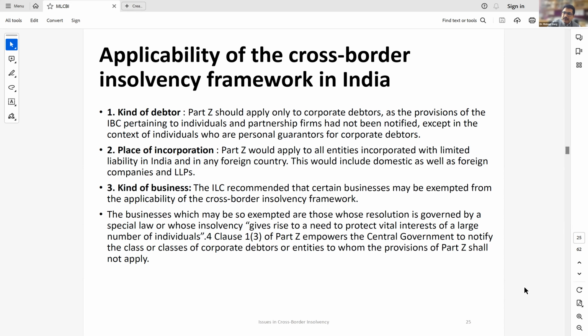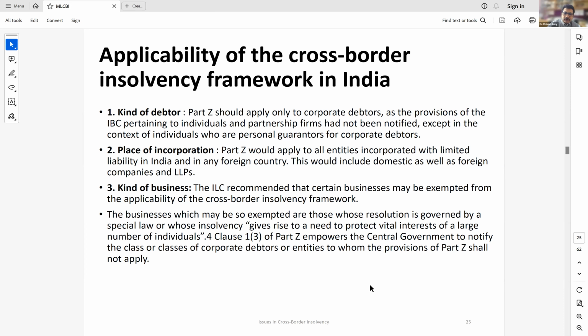Even the cross-border insolvency law may specify that it will be applicable only to these people. We do not know when Part 4 in its entirety will be notified, when the personal insolvency provisions will be notified in their entirety. It may also happen that the government may choose not to bring individuals under cross-border insolvency. We do not know, it just depends, but that flexibility is there.